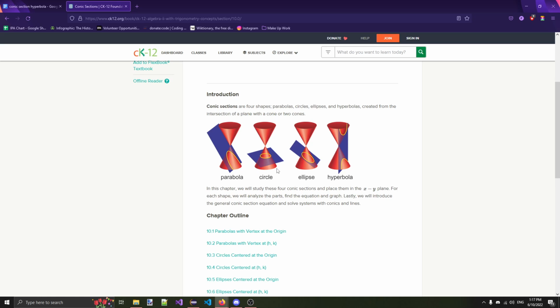Then you have a circle for when the plane is perpendicular to the axis of the cone, and you have an ellipse when it's not parallel and it's not horizontal and it's not vertical. And a hyperbola is when it's vertical.